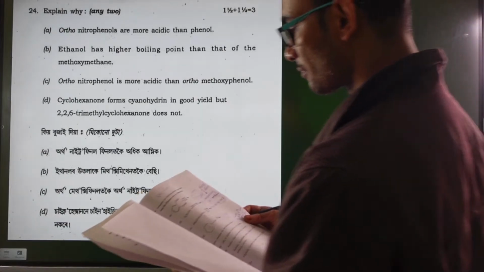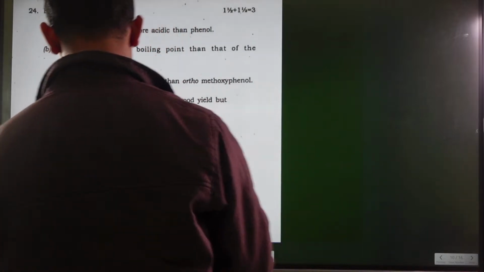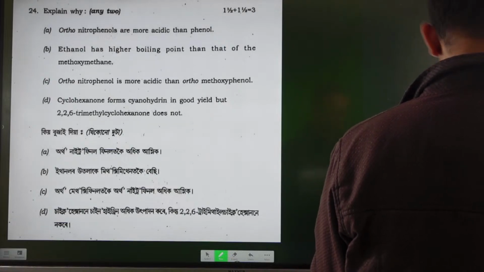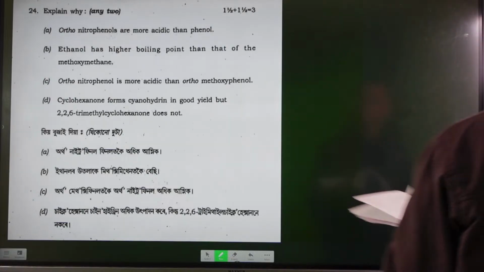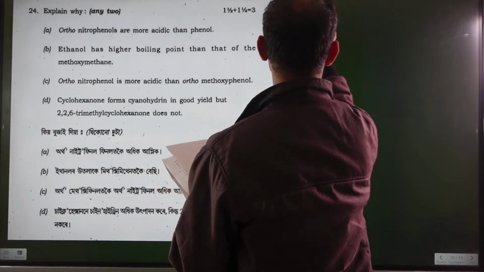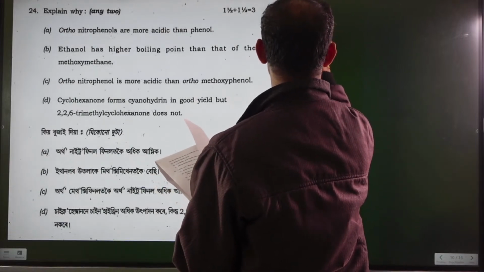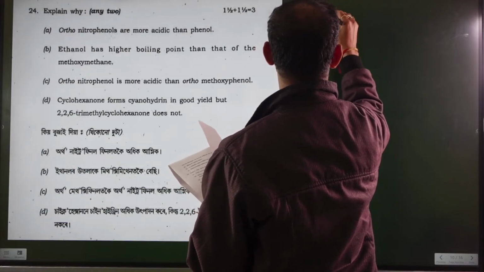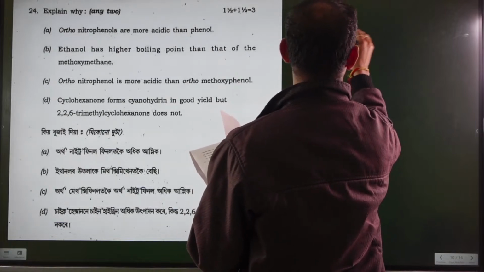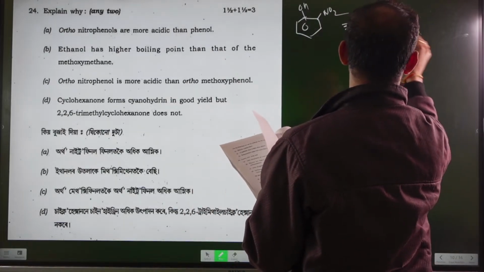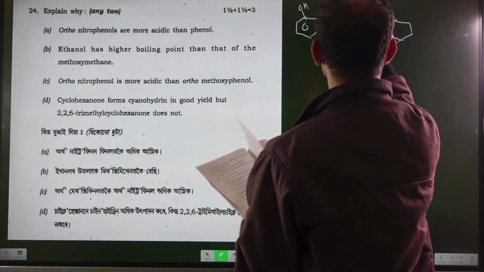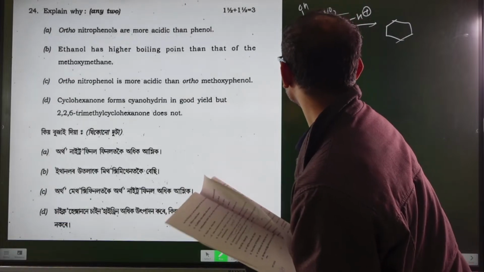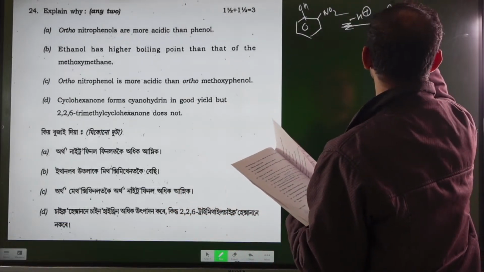And then you see orthonitrophenol. Orthonitrophenol is more acidic than phenol. Why is it so? Because if I write the orthonitrophenol structure, this is OH, and this is the nitro group, right? After elimination of proton from here in aqueous solution, this will give you O negative, right?